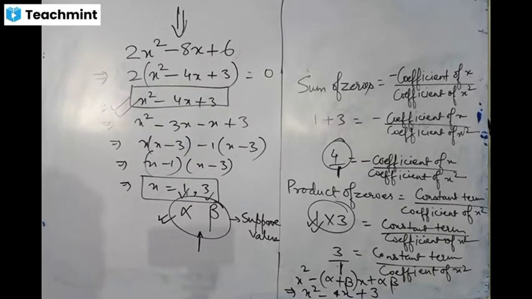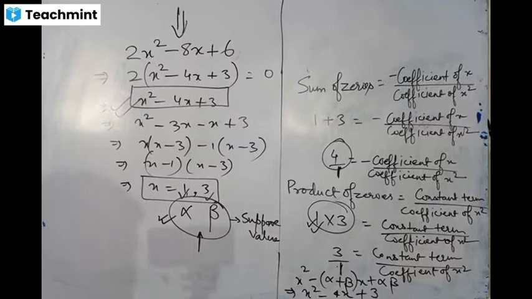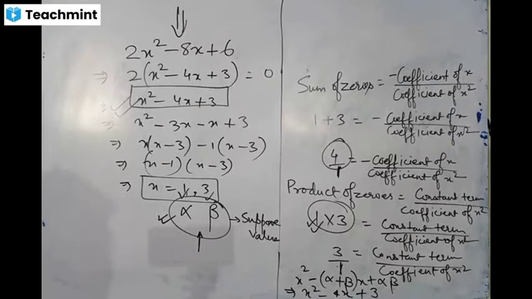First of all, you have to find the zeros, then you have to relate these zeros with their coefficients, and at last in the equation you have to put their values. If the sum of zeros and product of zeros is given, simply in the equation x square minus alpha plus beta x plus alpha beta, you have to put these values and the equation will be formed. That will be your required answer.